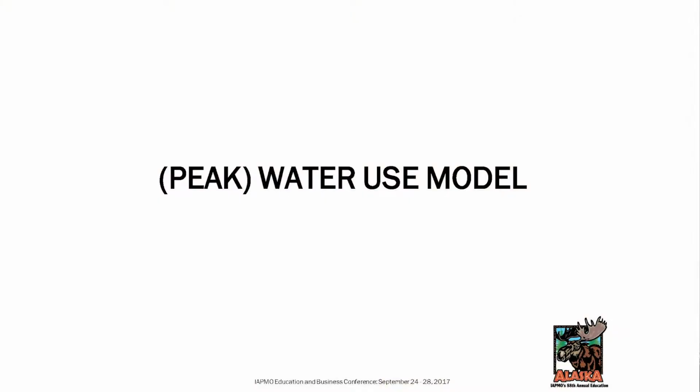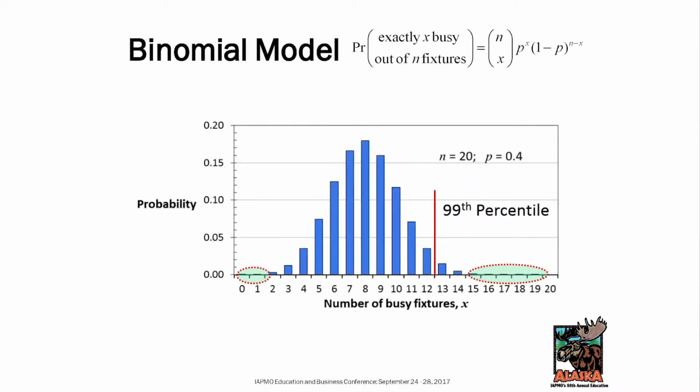So let's take a look at the peak water use model. There are four models or methods for estimating design flow that are built into the Excel calculator. This is Hunter's method, the binomial model that I was talking about.